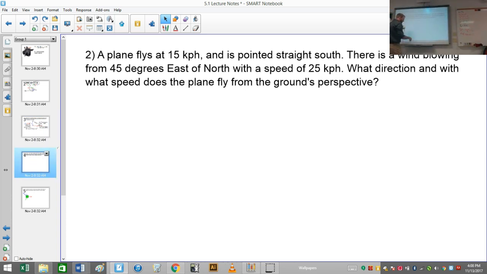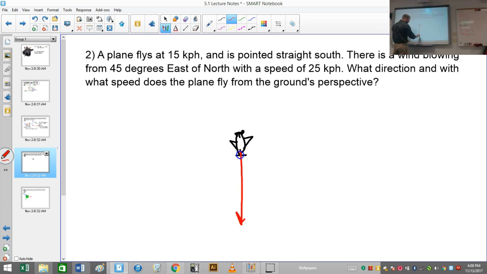So there's a plane. I'm first of all going to draw a plane from above it. So here's my plane. It's got a propeller on it, and it's pointing straight south. Its airspeed is 15 kilometers per hour. There's a wind, and it says this wind is blowing from 45 degrees east of north.